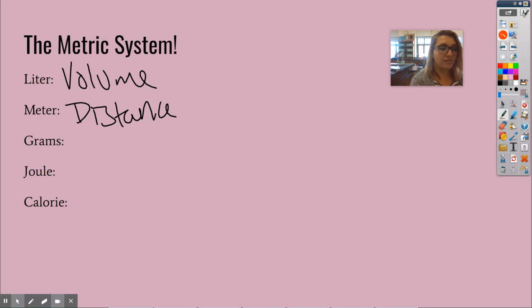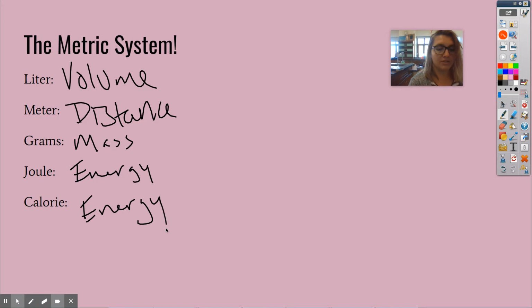And then grams, this is mass, similar to pounds, kind of. And then joule, this is energy. And calorie is also a unit of energy in the metric system. We're going to be using these throughout the year. These are the different units.